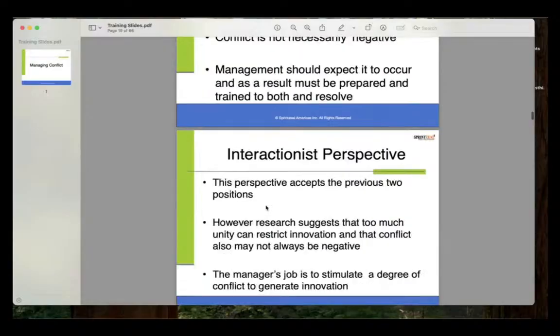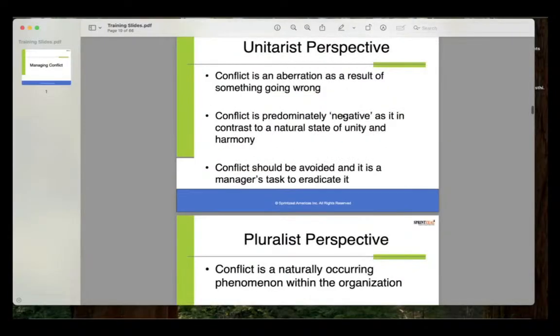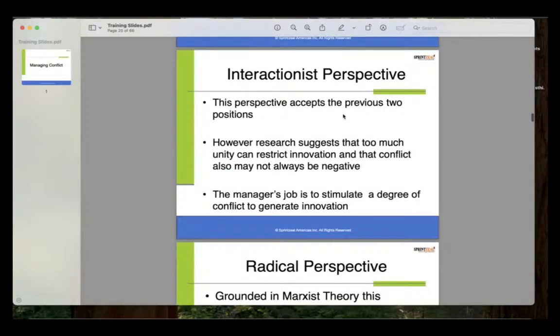Moving on to the next one, which is the interactionist perspective. What do we understand by that? This perspective accepts the previous two positions, the pluralist and unitarist perspectives. But research suggests that too much unity can restrict innovation, and that conflict may not always be negative.